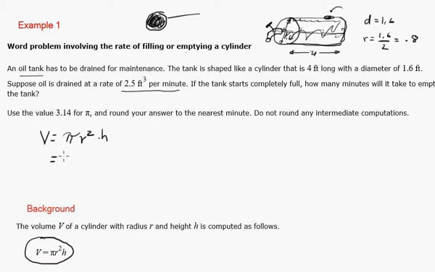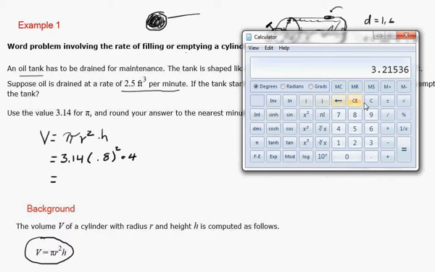So we just plug in. We know that pi is 3.14, and r we found is 0.8 squared, and then we times 4. We'll think of this as the height. I can just pull up the calculator to do that. 3.14 times 0.8 times 0.8, because it's squared, and then times 4.